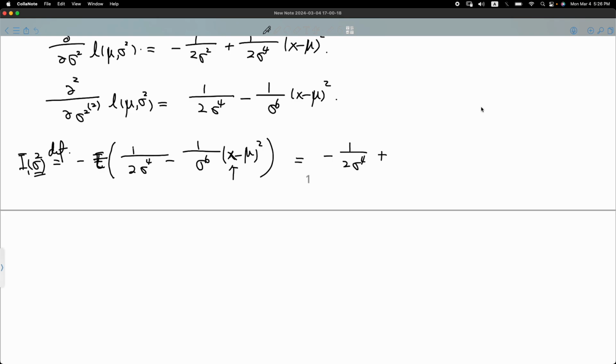So now I'm just going to directly write down the answer. After you expand the terms and plug in the expectation, you will have sigma squared over sigma raised to the power of 6. So that will reduce to sigma raised to the power of 4, and then you will end up with 1 over 2 sigma raised to the power of 4. Okay.